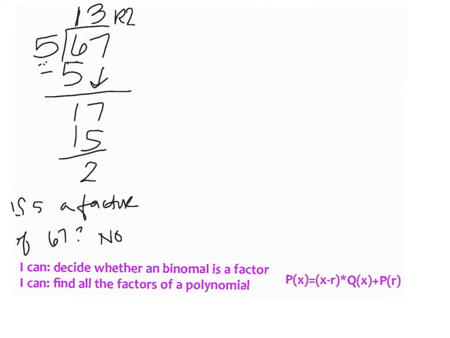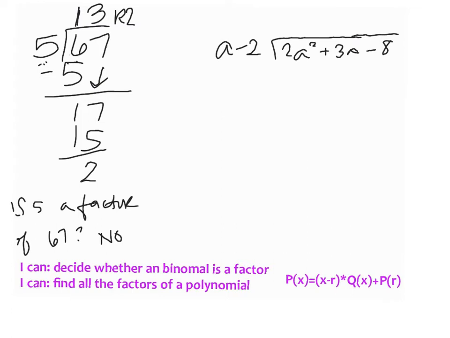So similarly, how do we find out for a polynomial? So I'm going to go like this. Is a minus 2 a factor of 2a squared plus 3a minus 8? Okay, so I'm going to do the same thing again, but now I'm doing polynomial long division. So we're going to take this step by step.